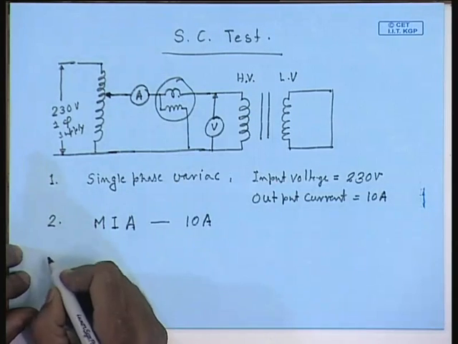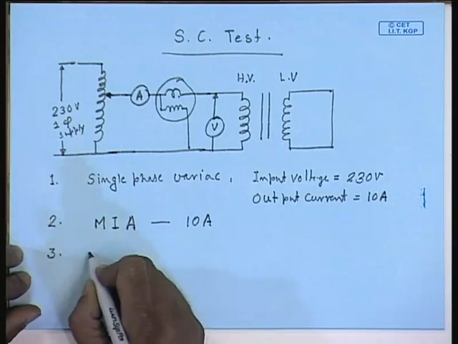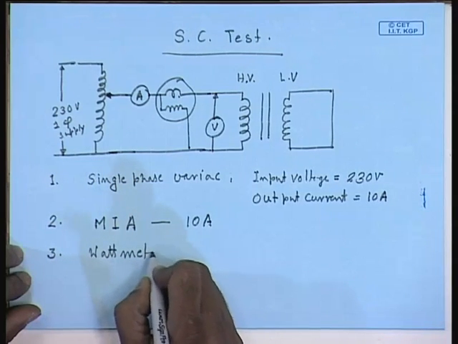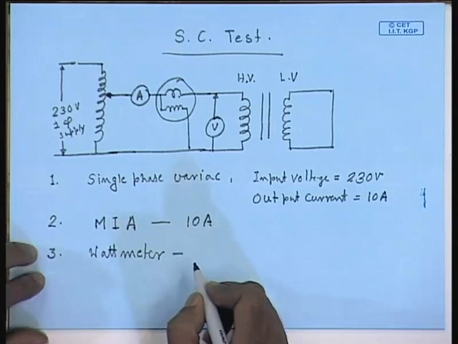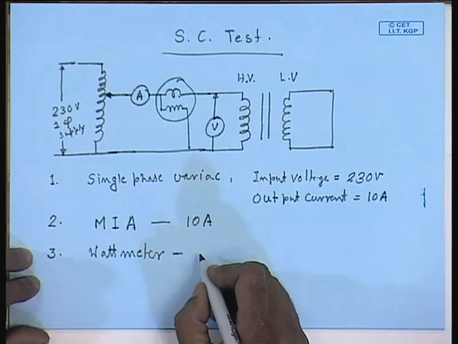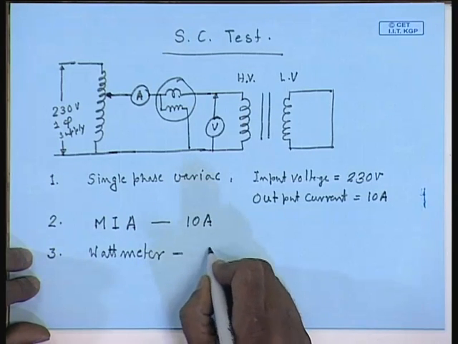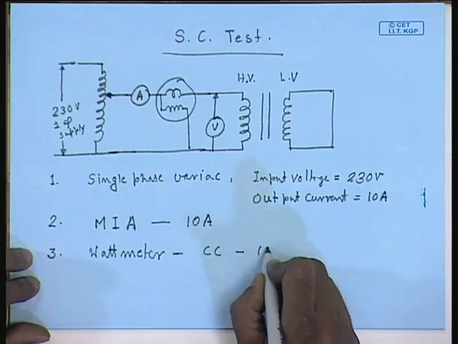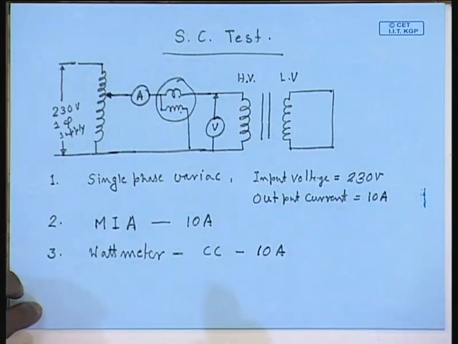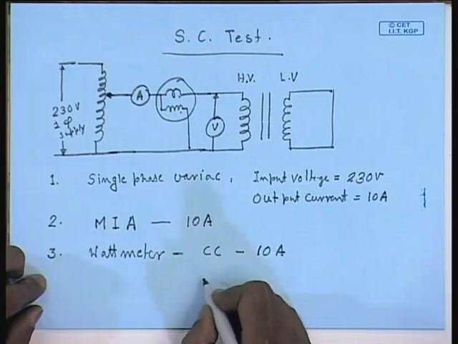Next, I need a wattmeter. This current coil should be able to carry at least 10 amperes. What about the voltage coil, the potential coil?